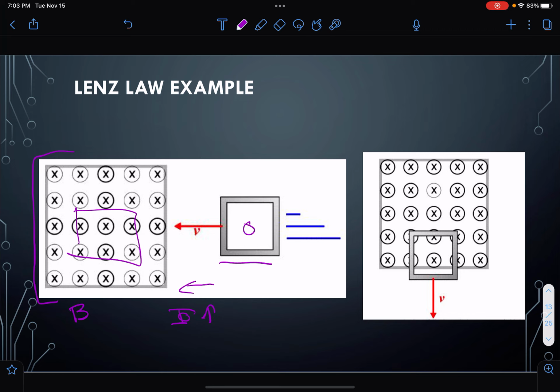So it's going from 0 to a lot, therefore I know it's increasing. So if my flux is increasing, I have to do the opposite. So if my magnetic field is going into the page, I'm going to do the opposite and point my thumb out of the page, and my fingers curl around in this direction, which means it is going counterclockwise.